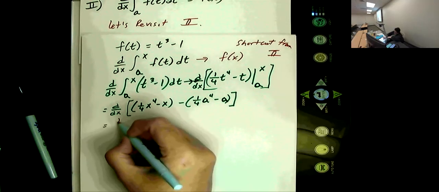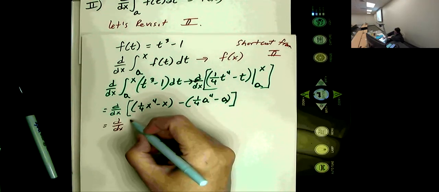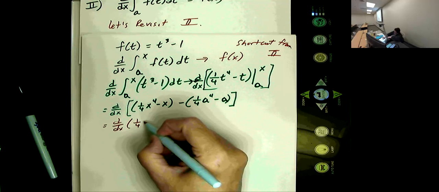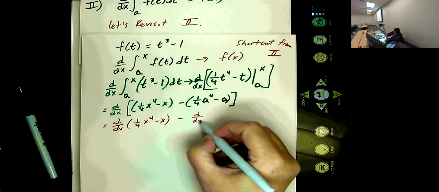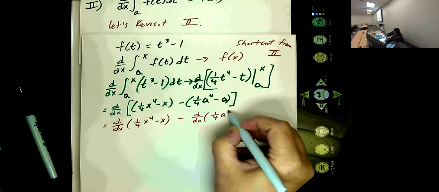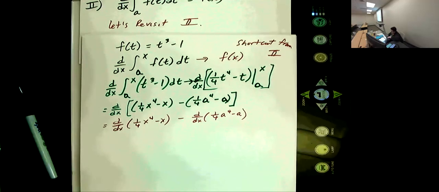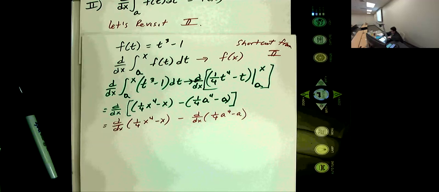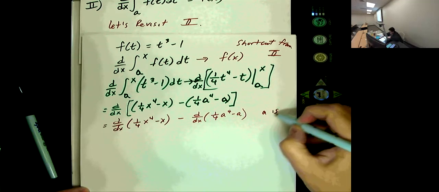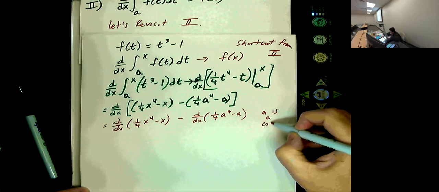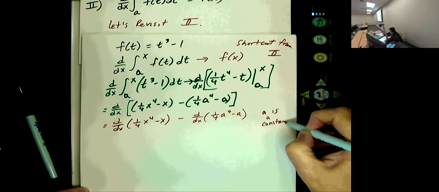We can apply the derivative to each of these groups separately. A is a constant. What is the derivative of a constant?